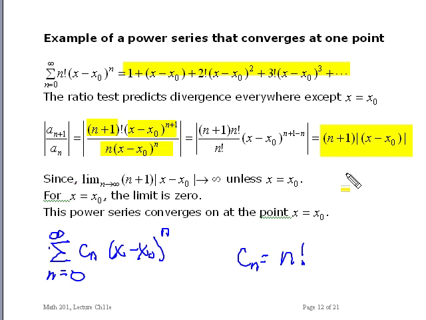The limit as n goes to infinity is infinity for all values of x except x equal x naught. For x equal x naught, the limit is 0. This power series converges only at the point x equal x naught.